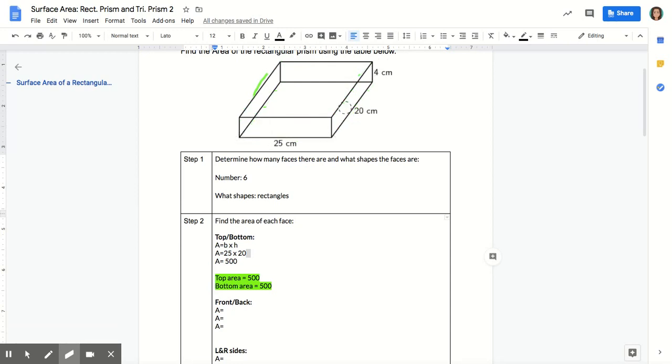our front and back faces. This would be the front right here. And we know that because the back one is opposite of it, it's going to have the same dimensions and in turn the same area.